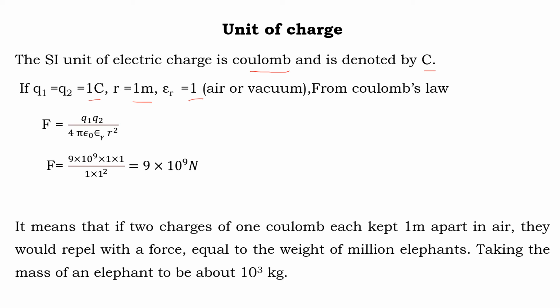That will give 9 into 10 raised to 9 Newton. That is, if two charges of 1 Coulomb are separated by a distance of 1 meter in an air medium, then these two charges would repel with a force equal to the weight of a million elephants, taking the mass of an elephant to be about 10 raised to 3 kilogram.